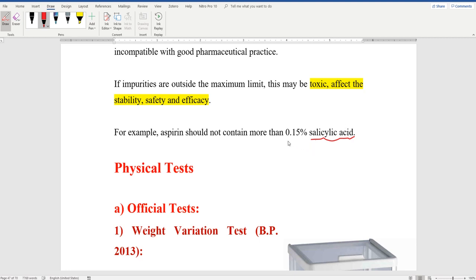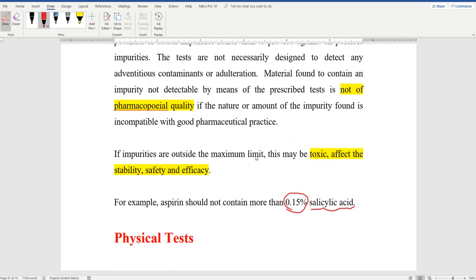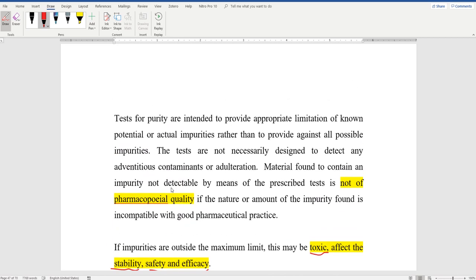Now this salicylic acid should not be present by more than 0.15%. Now why should there be a limit for impurities? Because it can be toxic, and it can affect the stability, safety and efficacy of the drug. This is the reason.